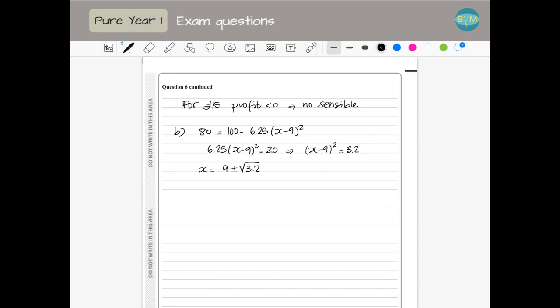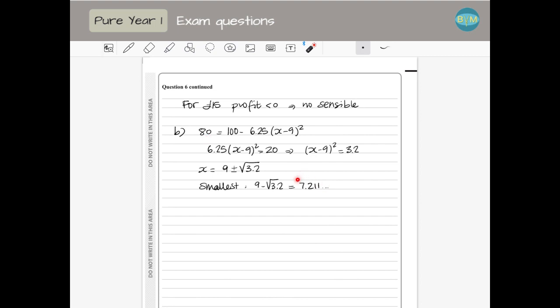From these two values, the smallest is 9 minus root 3.2. When we do this with the calculator, we get 7.211 something. It needs to be in pounds, so I need to round to two decimal places, and 7.21 is not enough for 80.